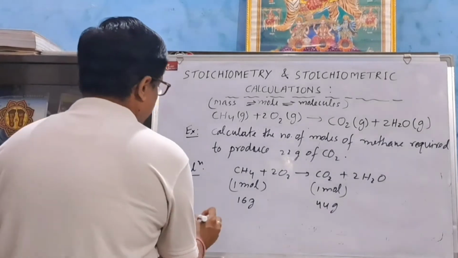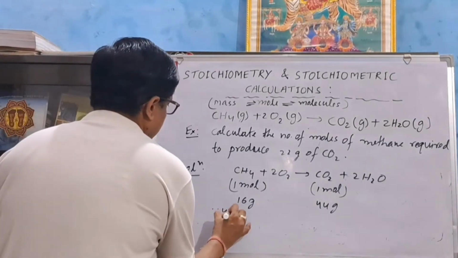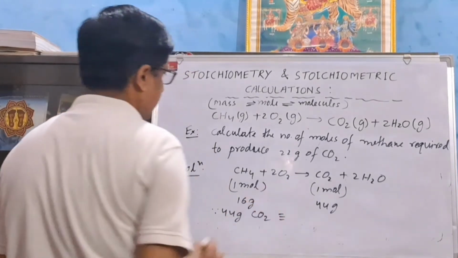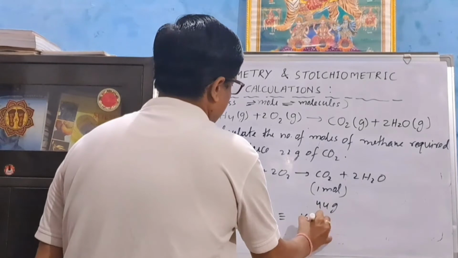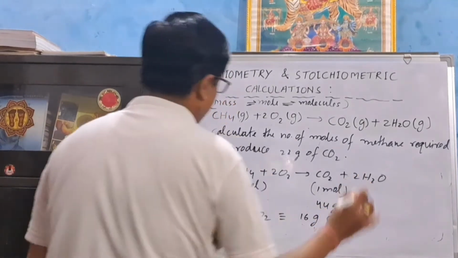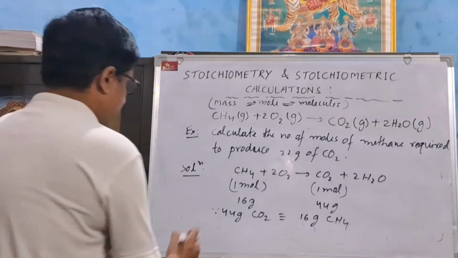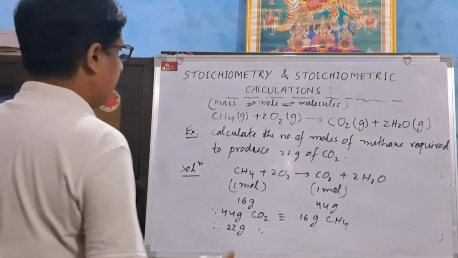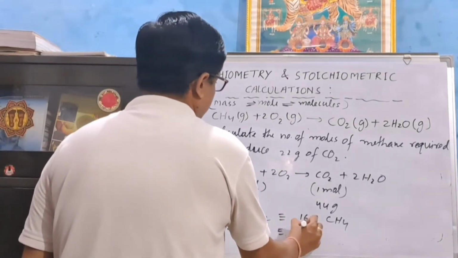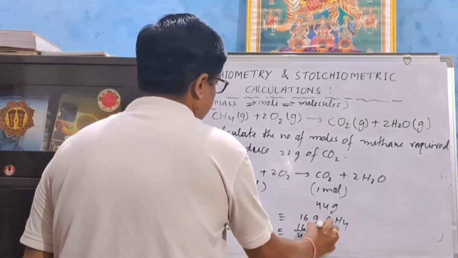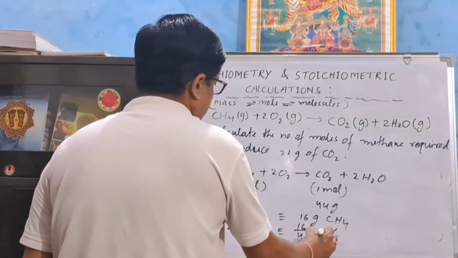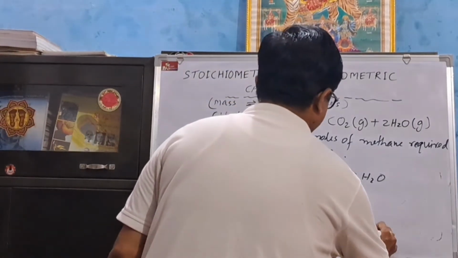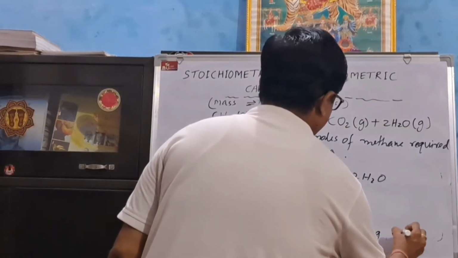Thus, since 44 grams of CO2 is produced from 16 grams of methane, therefore 22 grams of carbon dioxide will be produced from 16 upon 44 into 22. It is 8 grams of methane.